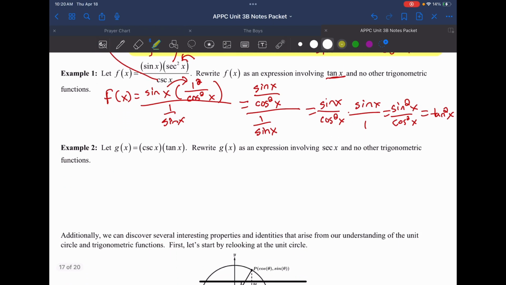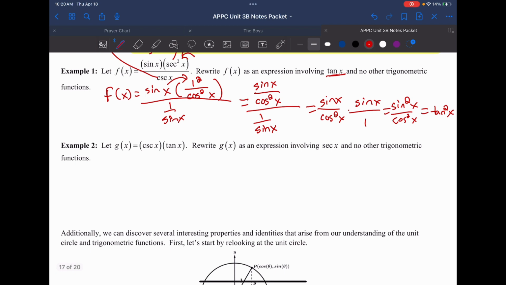So even here, for secant, I'm always going to write it in terms of sine and cosine. Just looking at this, there's no sine and cosine anywhere, but starting to write it in terms of sine and cosine is helpful. So let's rewrite that.